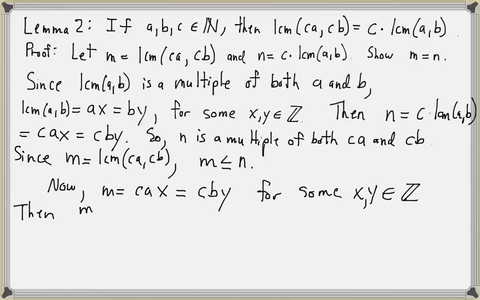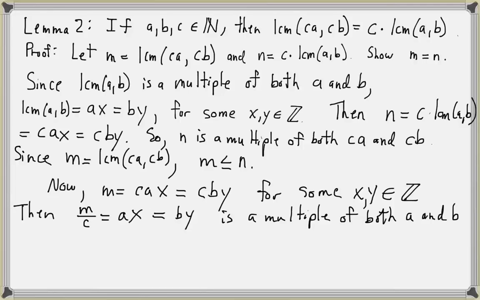Then M divided by C is an integer, AX, and it also equals BY. So M over C is a multiple of A and B. Therefore, M over C is greater than or equal to the least common multiple of A and B.